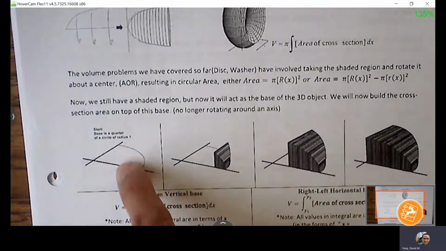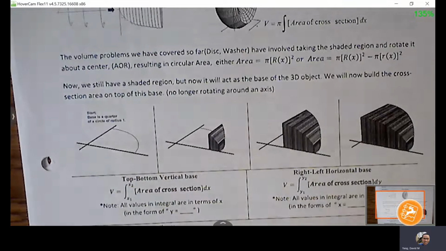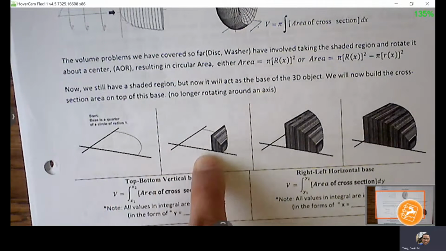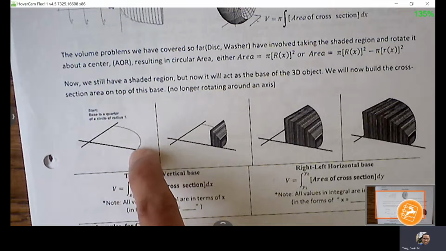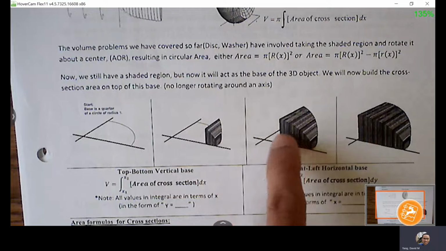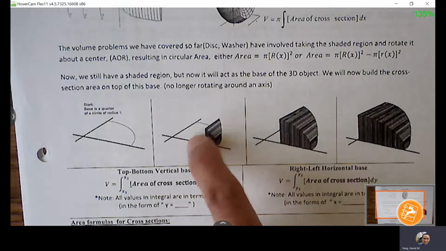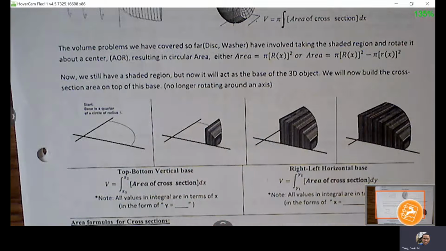So, for instance, let's look at this quarter circle, right? This is drawn as a three-dimensional surface. We're going to do everything two-dimensionally, but for now, I'm just giving you a visual perspective. Let's say we want to build differently shaped squares on top of this base. This is what it would look like from one end to the other end. You can see that depending on the distance from the axis to the curve, that's going to dictate how large the square is going to be.